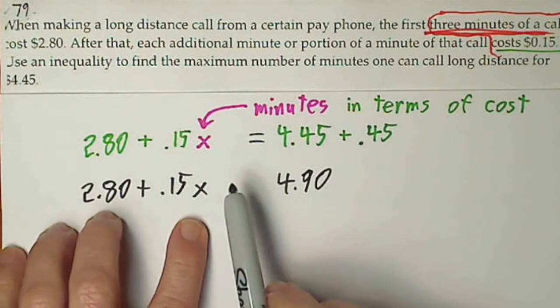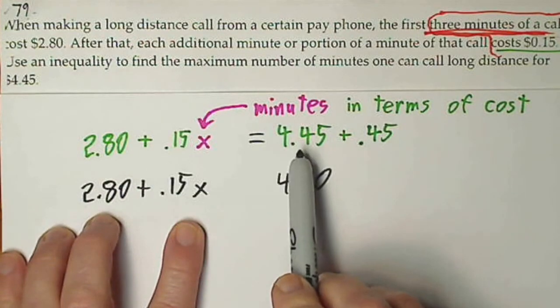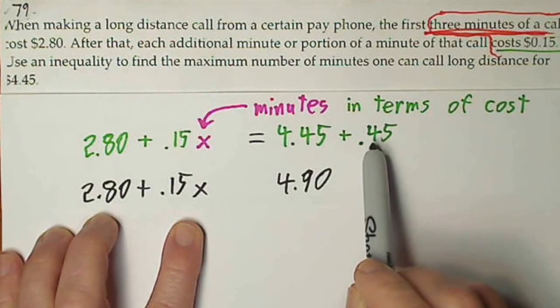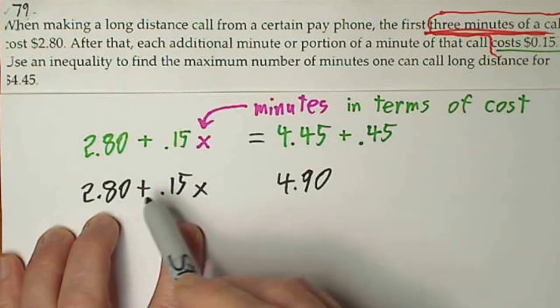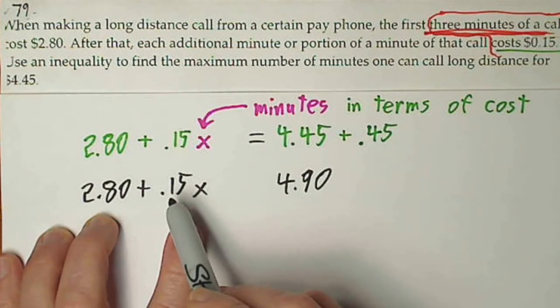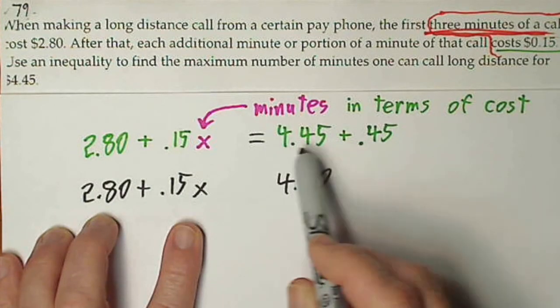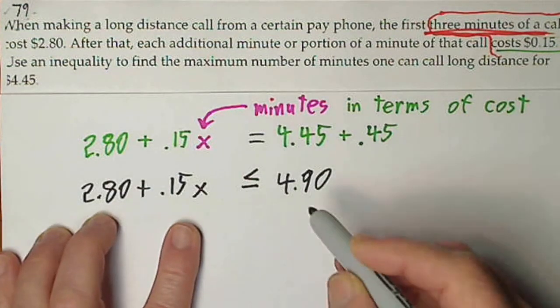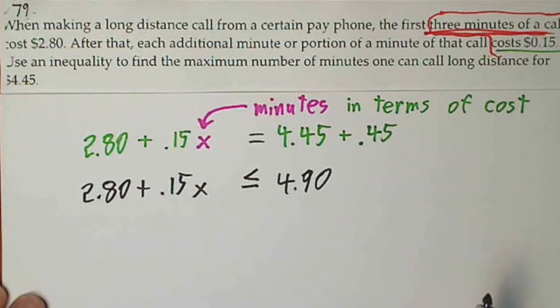You're allowed to spend up to $4.45. And again, this is compensating for those 3 minutes. So this amount can't be more than this amount. So it has to be less than or equal to this amount. Okay, so there's the inequality sign.